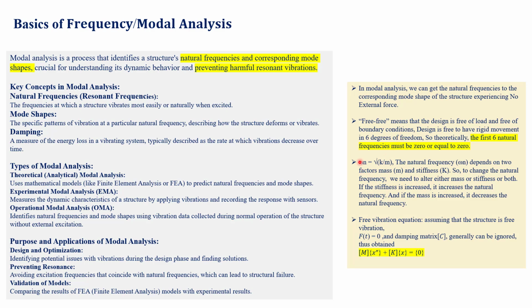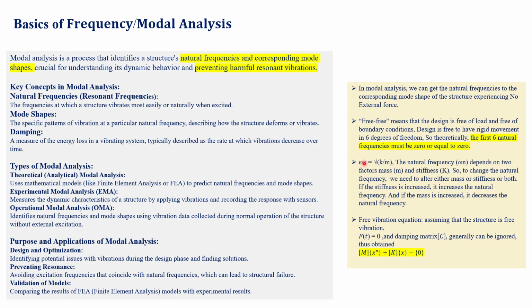Next one is the angular frequency. The angular frequency is the square root of the stiffness matrix divided by the mass matrix, K by M. We can say the natural frequency, omega n, depends upon 2 factors, the mass and the stiffness. So to change the natural frequency we need to alter the mass and the stiffness. This is what the relation shows. The frequency is directly proportional to stiffness: if stiffness increases, the frequency also increases.